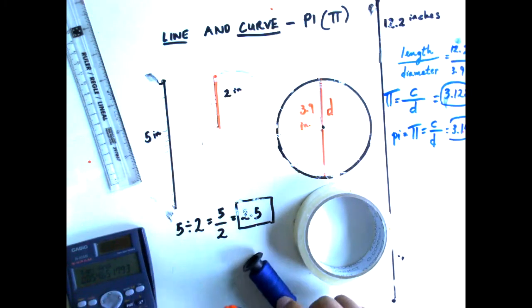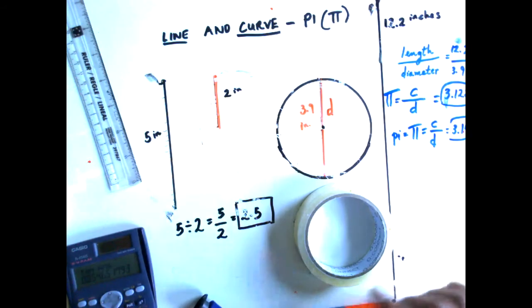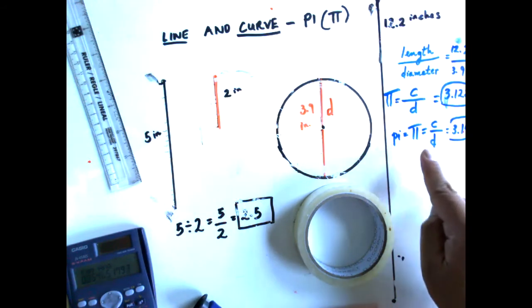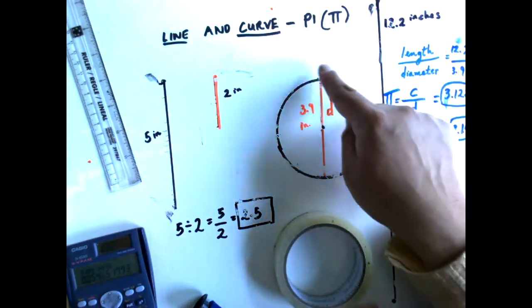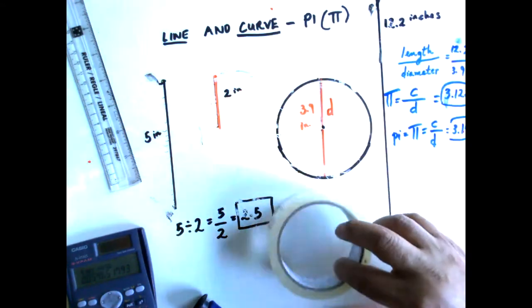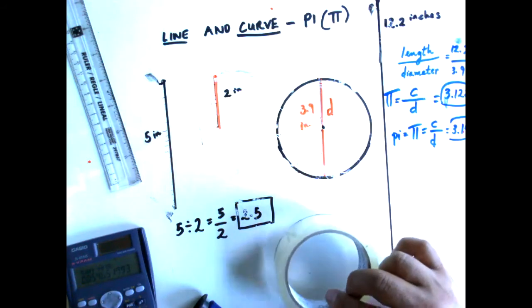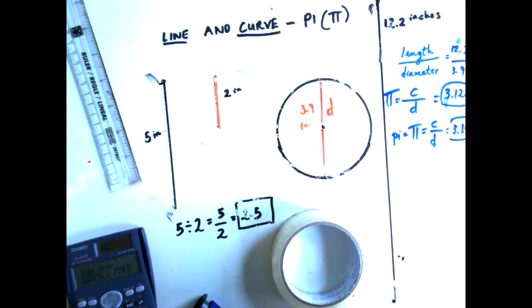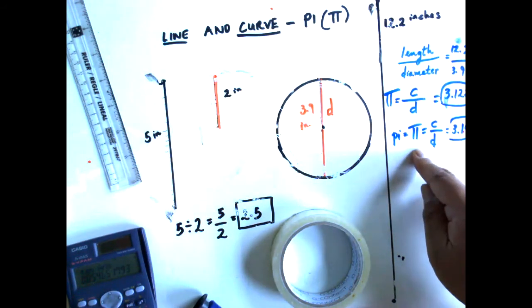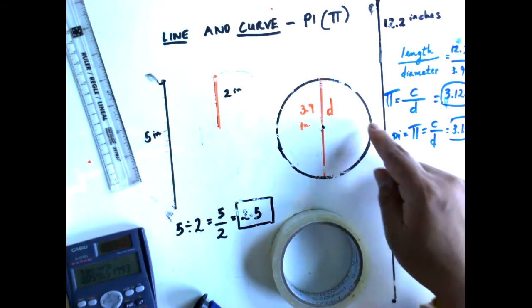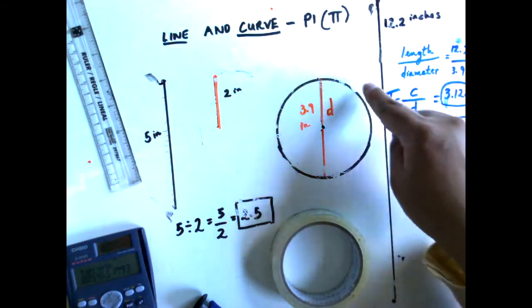I want you to do that with three objects because in this way you are able to get an experience of what pi is. The way I did it here, I want you to do the same with a different object. This will really help you understand what pi means. So pi is just the answer of how many times the diameter goes around the circle.